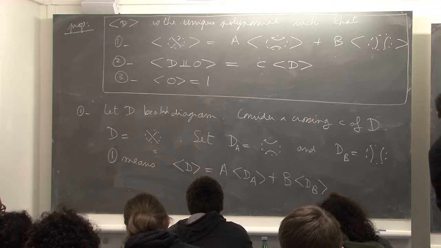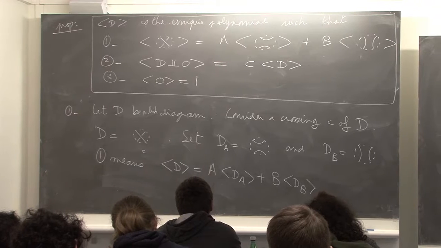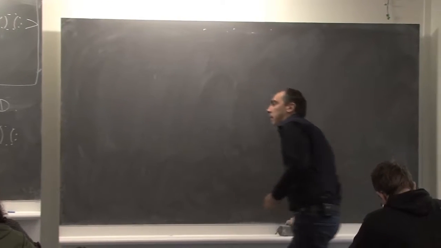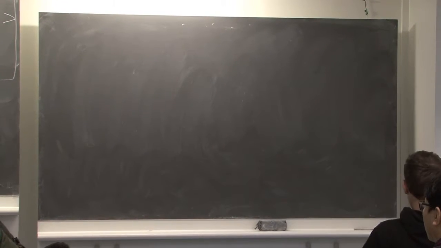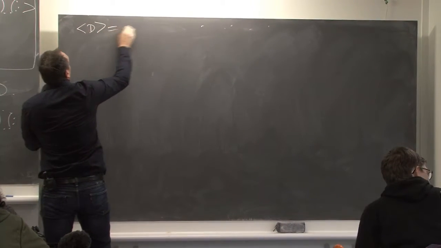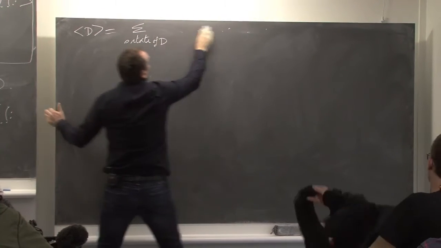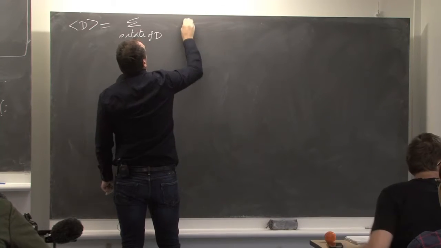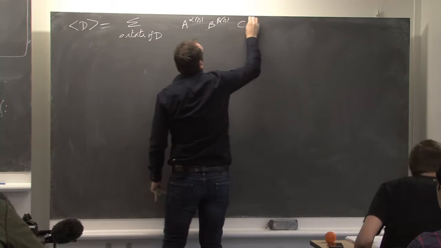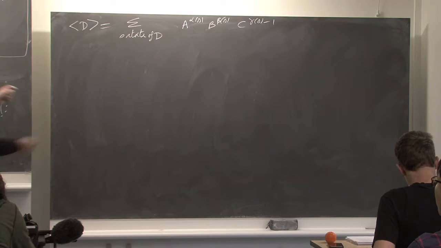So how do we check this? Well, it's quite clear. We recall the definition. So D is the sum on the states of D of A^α(S) B^β(S) C^γ(S) minus 1. We can split this sum into two sums.